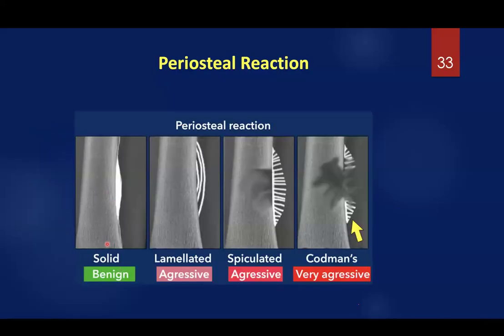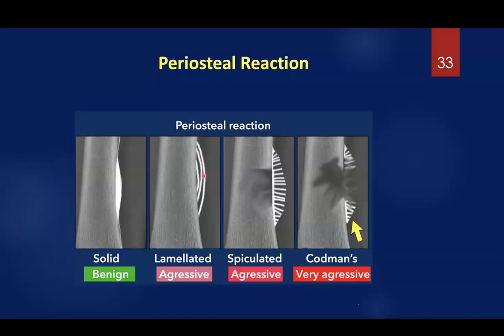So these are the types of periosteal reaction: solid, which is benign in cases like osteoid osteoma, or if there is a fracture, the body starts to buttress, or if there is a non-ossifying fibroma in the cortex, the body starts to buttress. So it will start forming a very solid looking periosteal reaction.